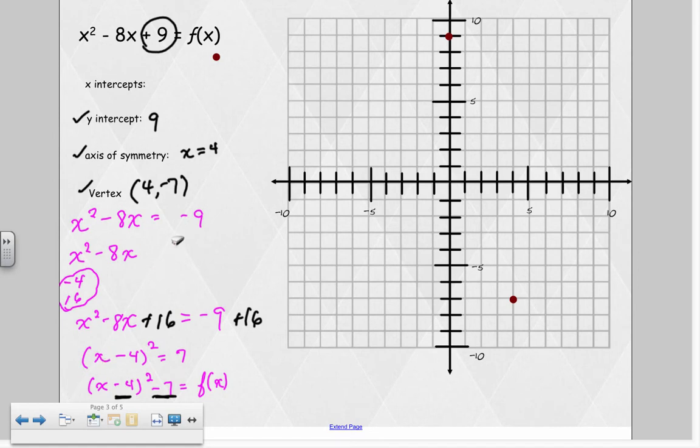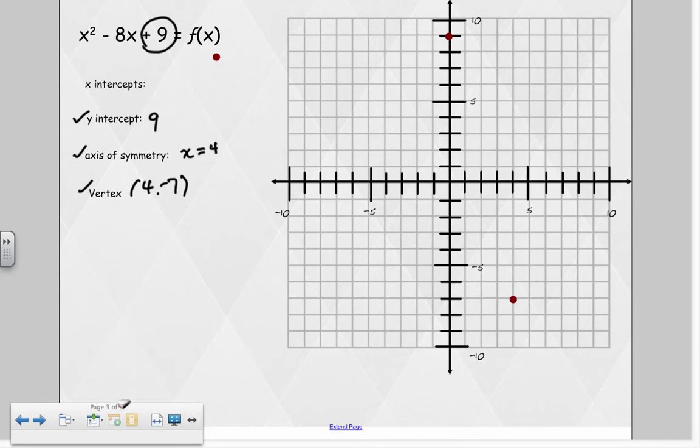So I'm going to clean this up. And what I can do is just start inserting x values. Right here in the middle, I know my turning point is (4, -7). Then 3 and 5, because I'm going to graph the points along the lines where x equals 3 and 5.